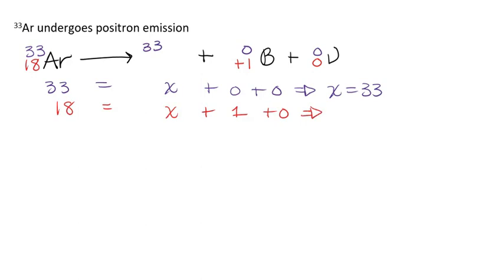And when we solve this, we have 18 equals x plus 1, 18 minus 1 equals x, and so that value is 17. So we write the 17 there. Look on the periodic table and we see that 17 is the atomic number for chlorine. When we check the balancing, 33 equals 33, and then for the Z's, 18 equals 17 plus 1, and this reaction is balanced.